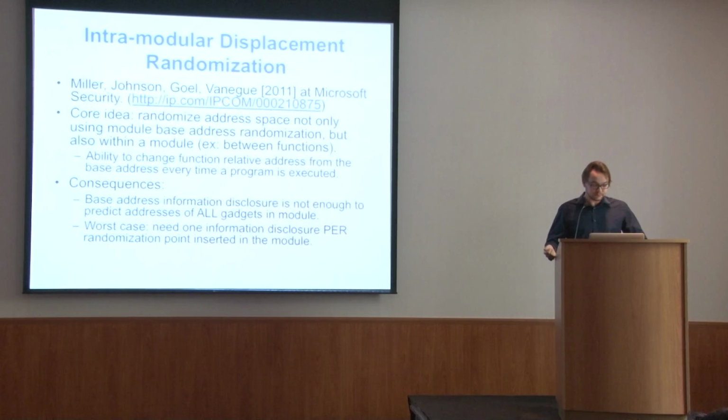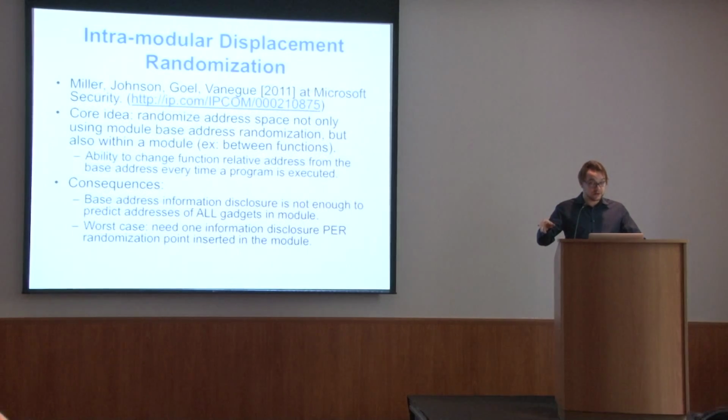The idea of IDR is to inject some kind of randomness within a module, for example, between functions. It means that if you have an information disclosure that is targeted to a specific function, you have no idea about the exact address of some other function within that module.